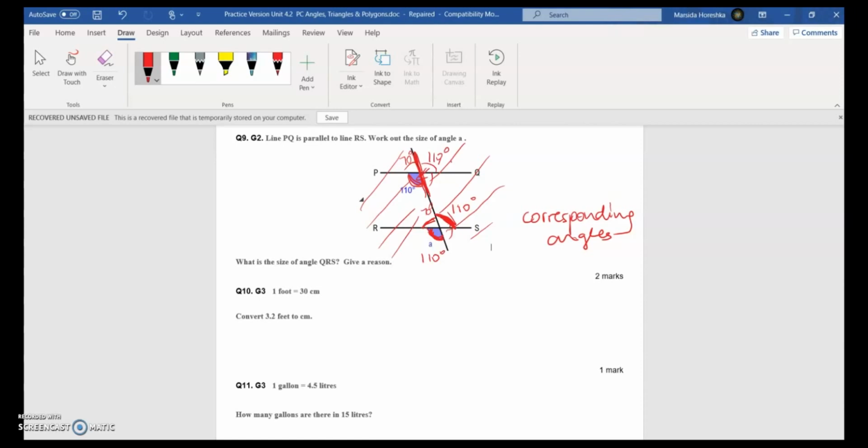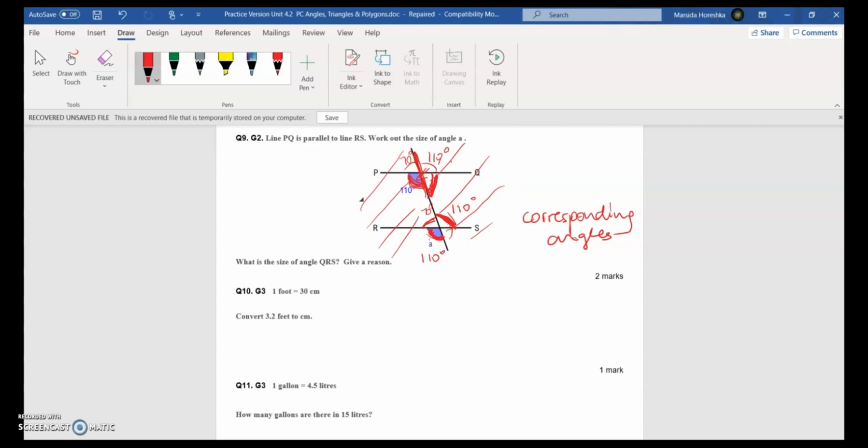So all we needed to do for this question was to write corresponding angles and work out the size, which was 110. But I went through some other types of angles in parallel lines, such as vertically opposite, we've got corresponding, we've got alternate angles as well, so alternating between different areas.